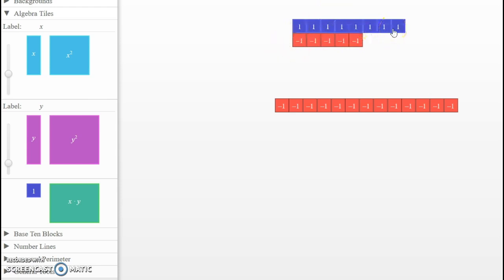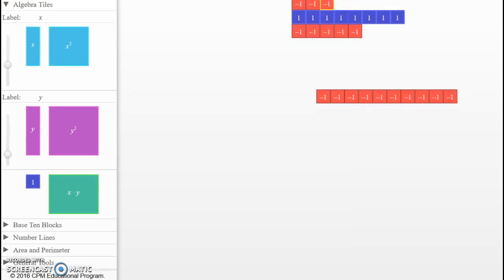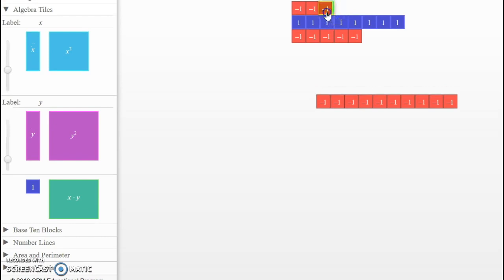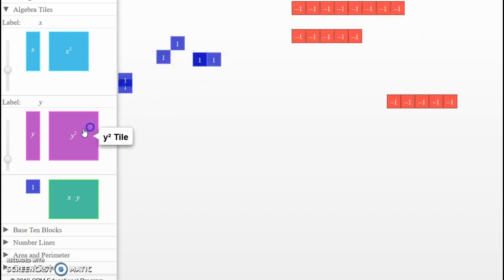We don't have a positive 8 to get there, so we need to add a group of zeros, so that I can take away a positive 8, leaving me with negative 13, which is what the left-hand side said. So these were equivalent before I took them away.